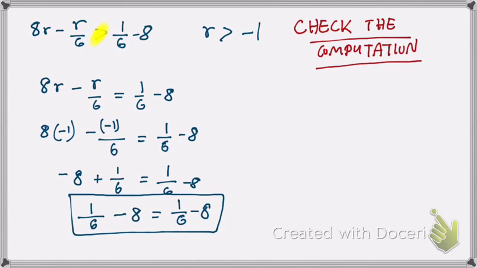This way we can replace r with -1, solve this equation, and find out if the left hand side is equal to the right hand side. Okay, so let's do that now.